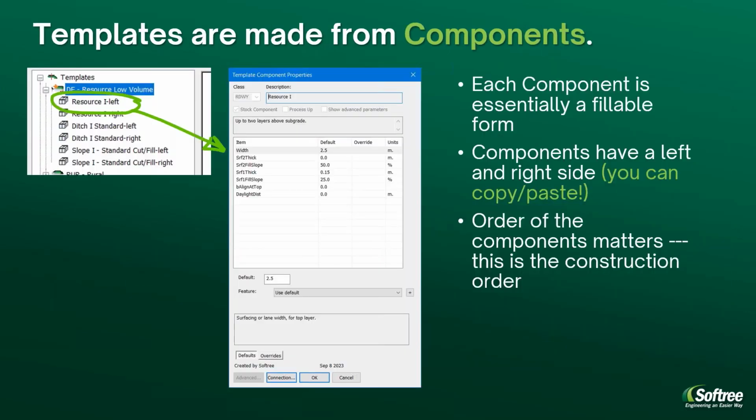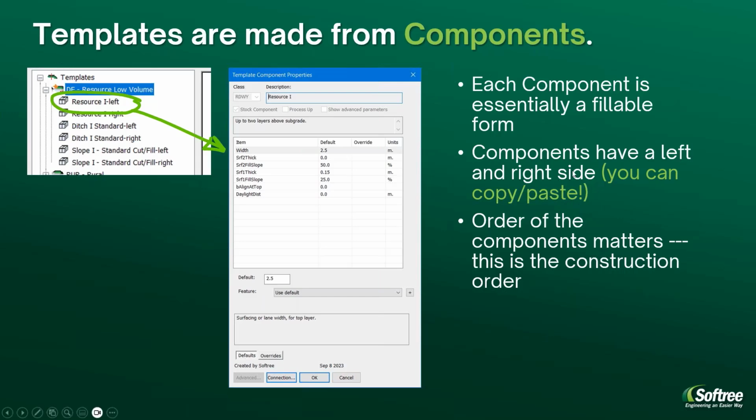So as I just alluded to with that mentioning of the ditch component, templates themselves are a collection of something called a component. Now, a component can be something like your roadway or your ditching or your slopes or perhaps benching. There's lots of different types of components. And each component is essentially a fillable form.